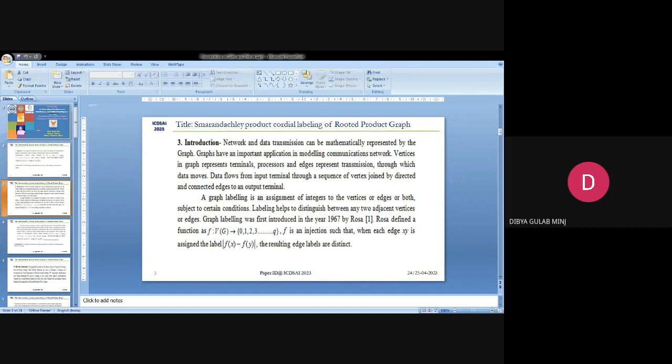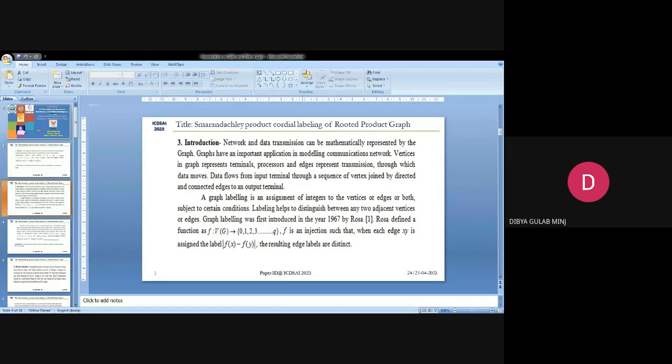We take mod V of G copies of H, and for every vertex vi, where small i is taken for the integers of G, identify vi with the root node of the ith copy of H. More formally, assuming that V of G is equal to g1, g2 up to gm, and that V of H is equal to h1, h2 up to hn, and that the root node of H is h1, the rooted product is defined as G composition H equal to V comma E, where V is for the vertices and E for the edges.